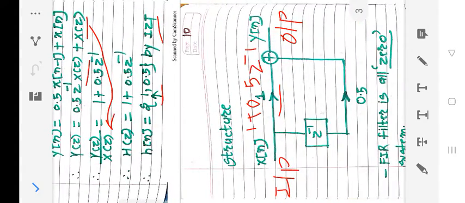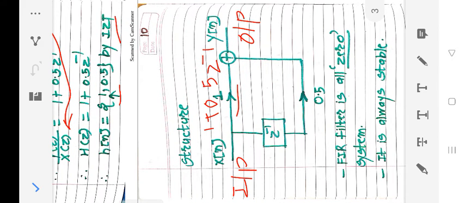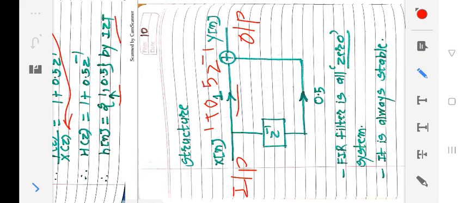We have drawn the structure: 1 plus 0.5 Z inverse. So 1 is going forward in this way. Then we need Z inverse and then 0.5.